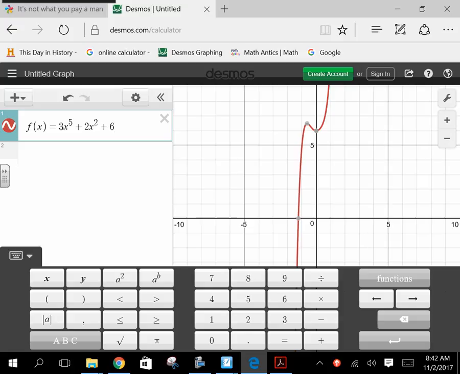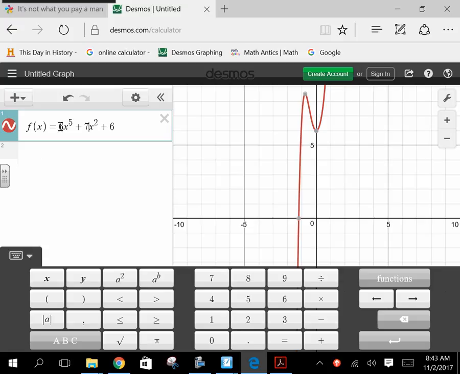If I start tinkering with the coefficient like 3, watch me make the 3 a 6. Look what happens to the function, the way it behaves. There's 6. Let me tinker with this coefficient. Let me make this a 7. Notice how the behavior changes based on those coefficients.